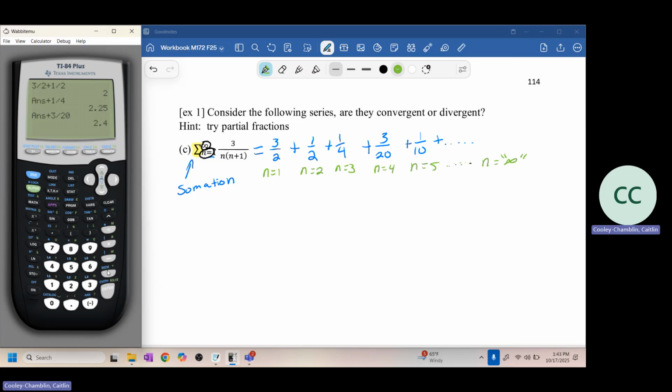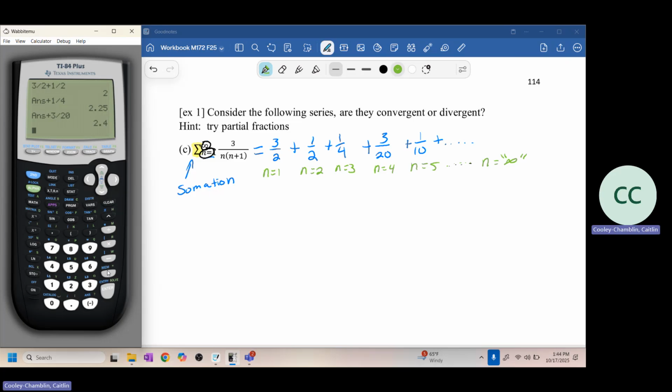We're not getting a very clear pattern here. So doing what we did on that first page, just kind of adding them up and seeing what in the world's going on, does not help. We have a hint here that says try partial fractions.